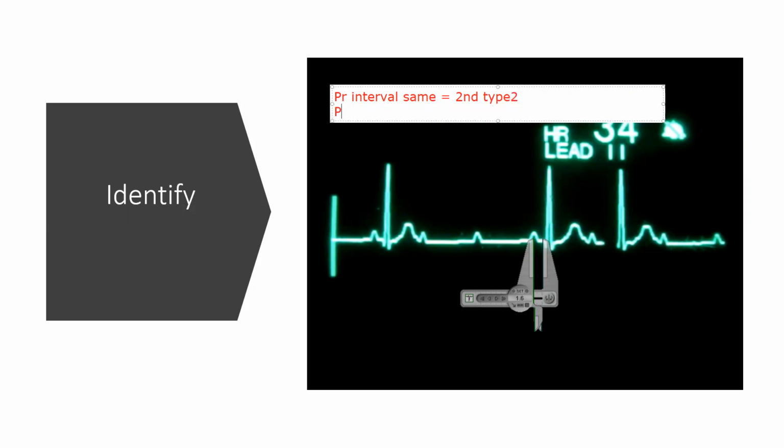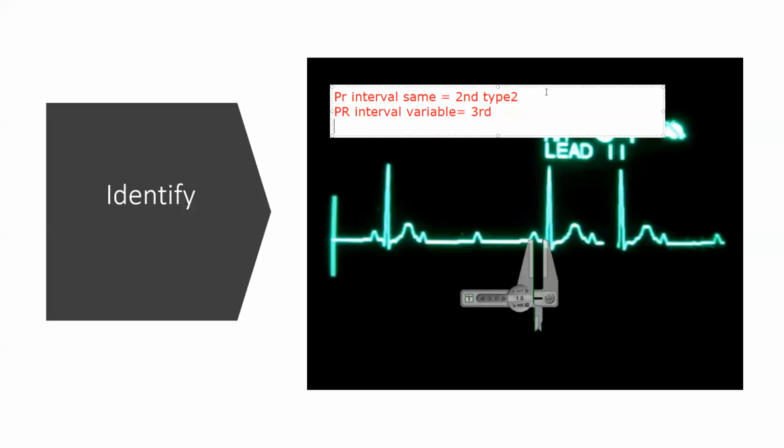If the PR intervals are variable, then this is going to be a third-degree AV block. And if it is going to be prolonging, then this is going to be a second-degree AV block type 1 or Mobitz 1.